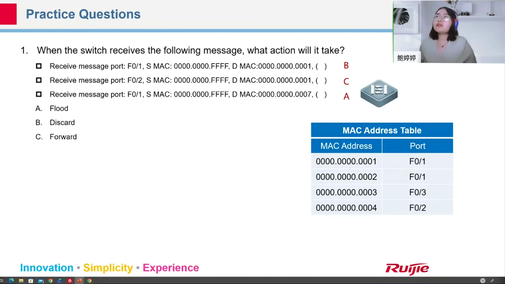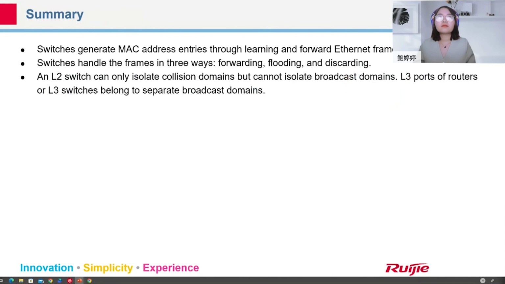So this answer is easy for you, right? About the switch. In this part, we talk about the principle of the switch. The main process we have to know is the first one, learning the MAC address table. The learning process is to add the source MAC address, combine it with the receiving interface, and add them into the MAC address table.